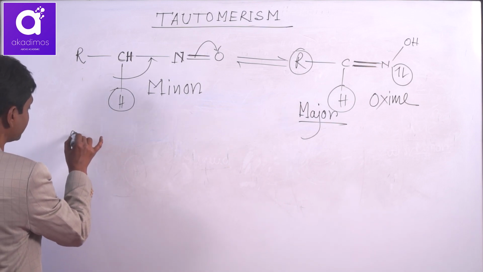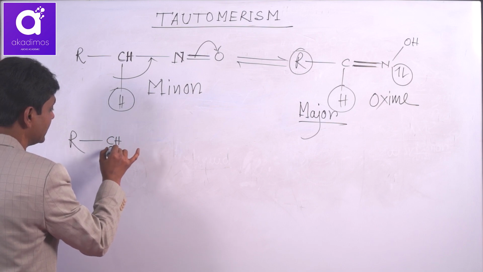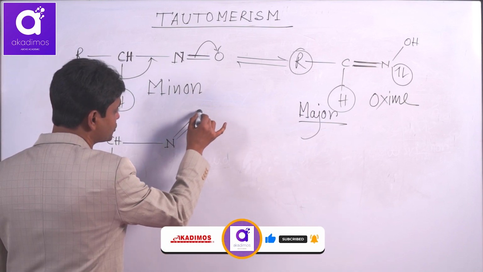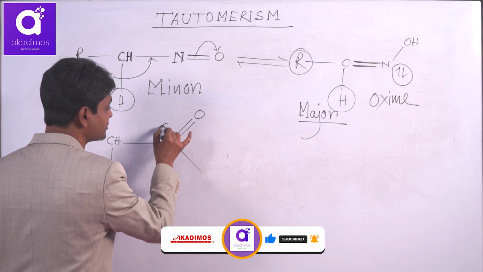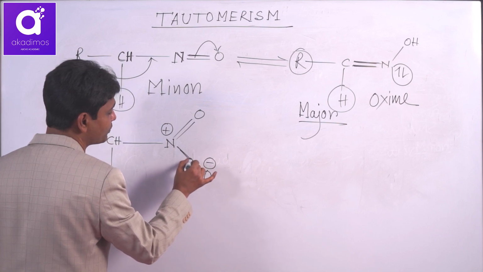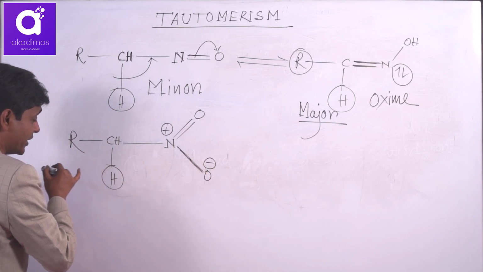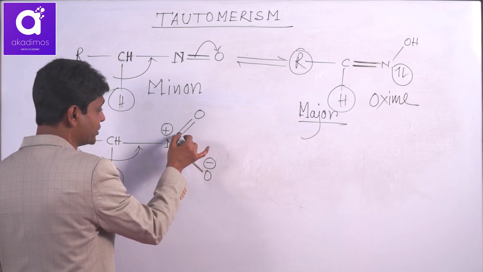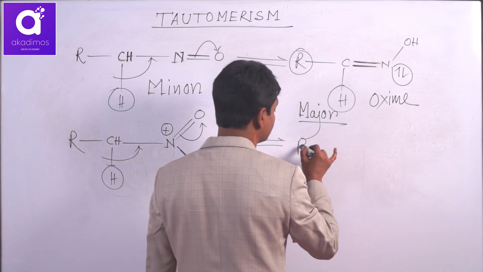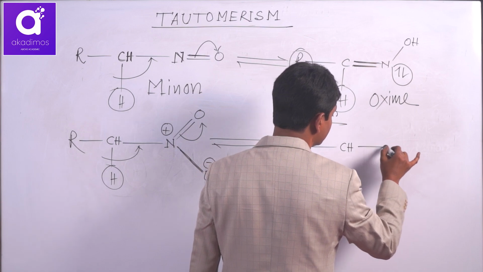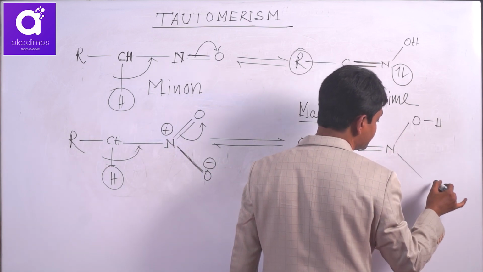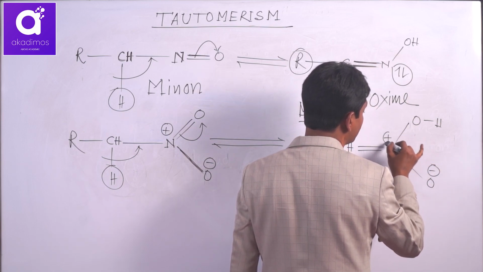Now, another structural form, that is the nitro compound. You know the nitro compound structure. This is plus, this is minus. You can take a coordinate bond arrow or plus-minus. Here it is the alpha hydrogen. This is also tautomerism, and you will get this form: RCH double bond N, single bond OH, and this is O minus, this is plus.